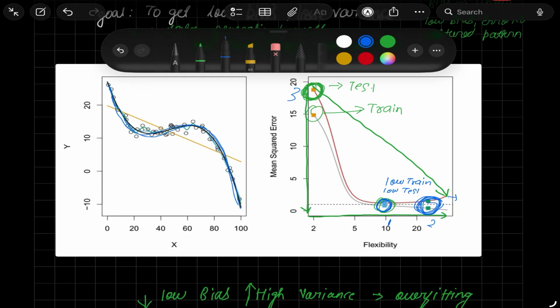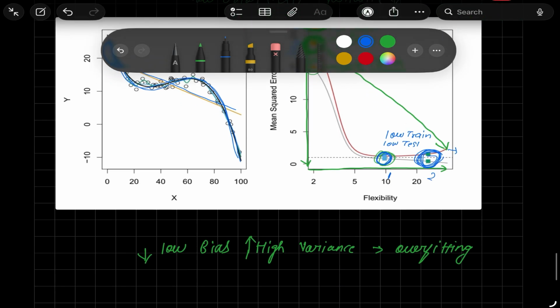You can even see that if we put a linear model here, it cannot generalize. It is actually underfitting, which means high bias and low variance.